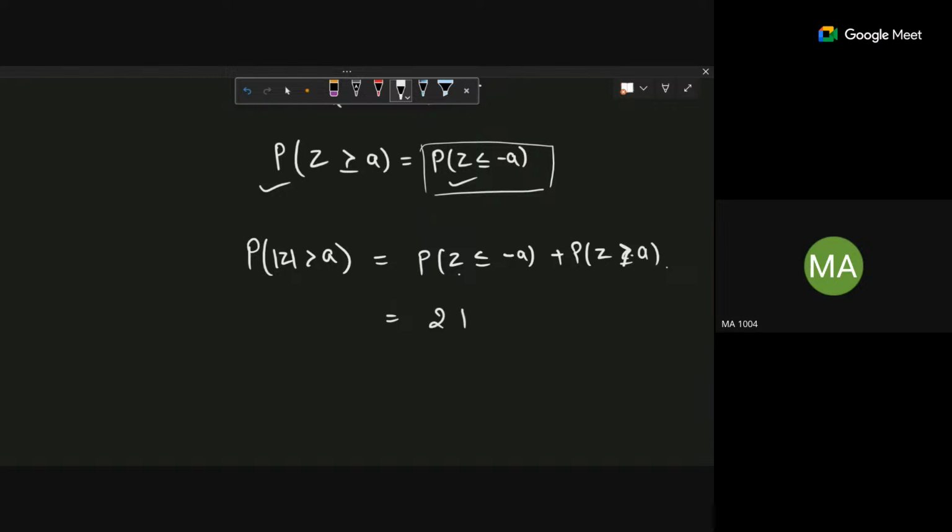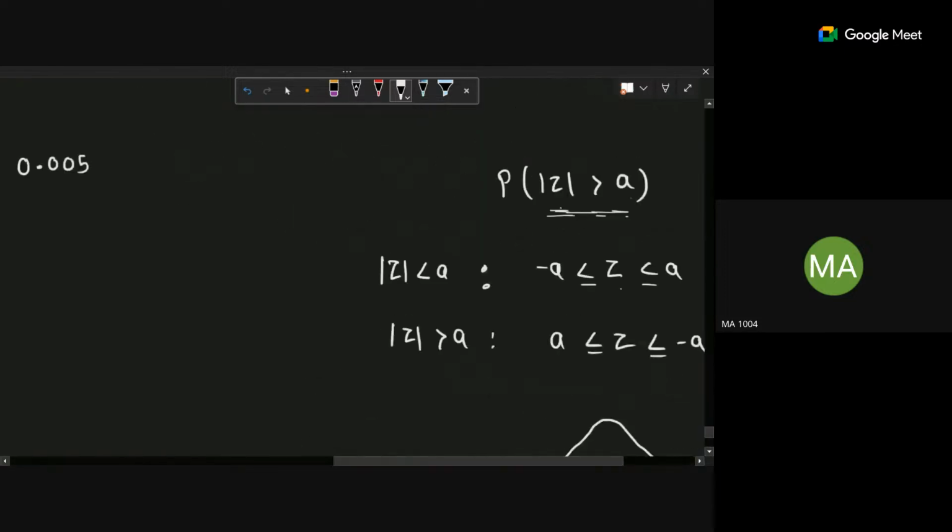So I will just take twice the probability of Z less or equal to minus A, because I know the distribution for this one. If I use the other, then I have to take 1 minus twice Fz of A.